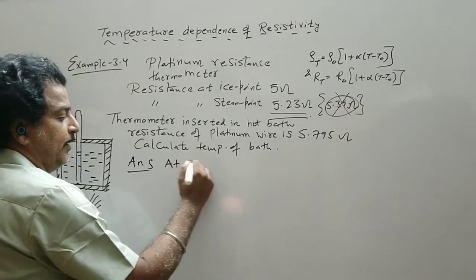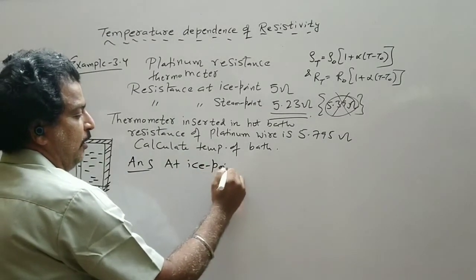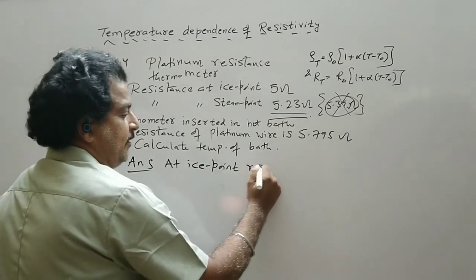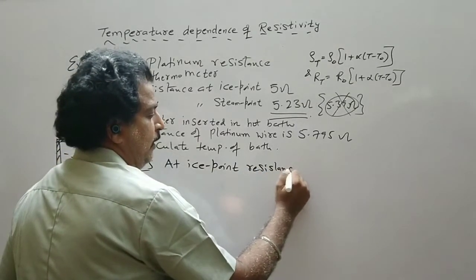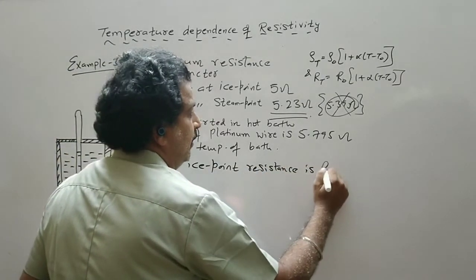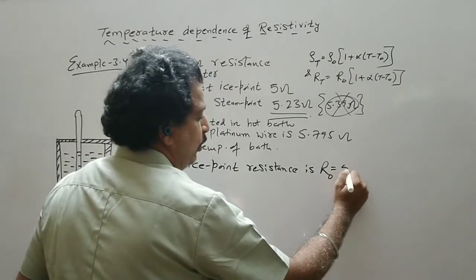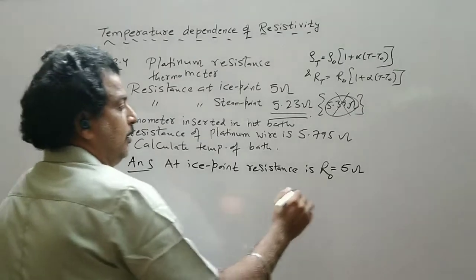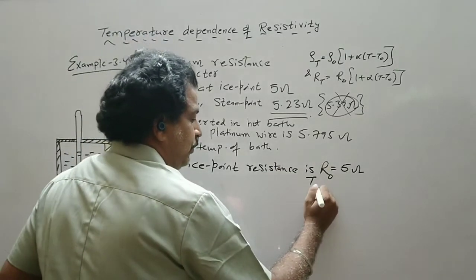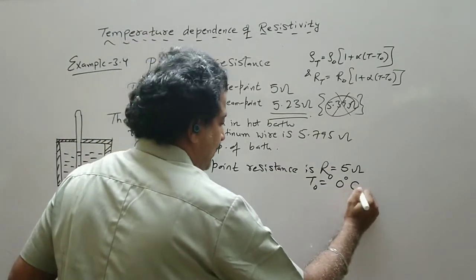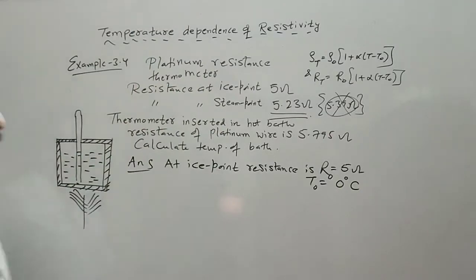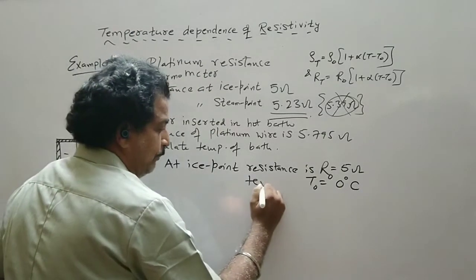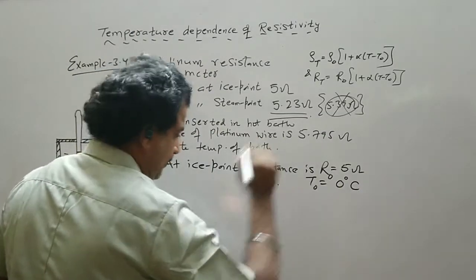At ice point, resistance is R0, so that is equal to 5 ohms. And let us assume T0 is ice point, so T0 is 0 degree centigrade. So temperature is this much.